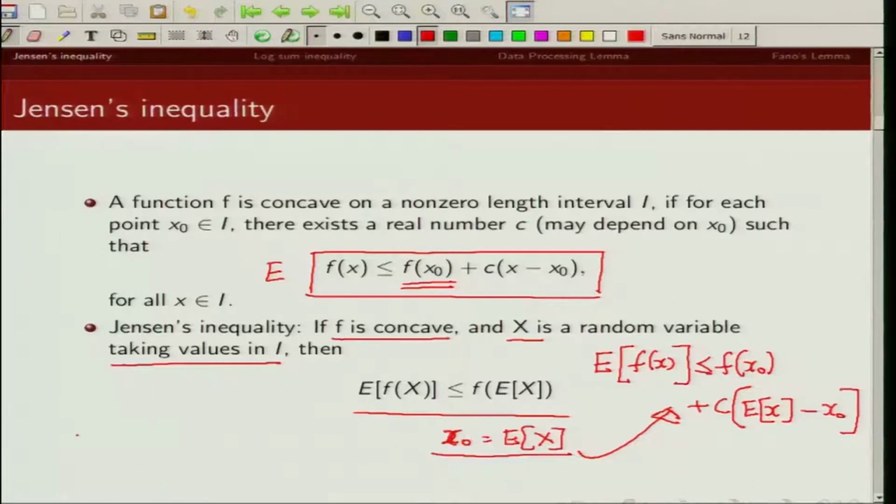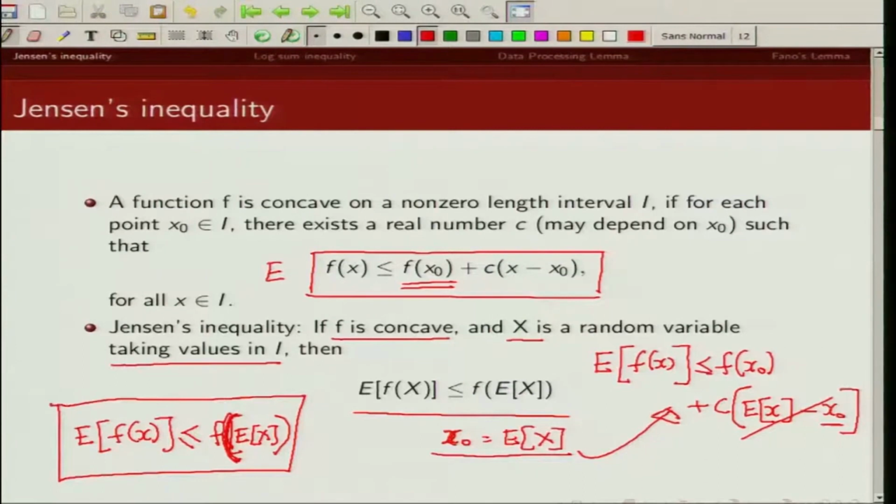I get that the expected value of f of x is less than or equal to the function evaluated at x0, which is the expected value of x, plus c times the expected value of x minus the expected value of x. This term becomes 0, so what I am left with is precisely Jensen's inequality.